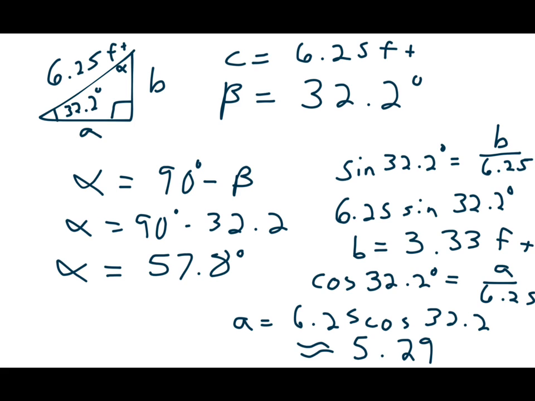Okay, so that's how we solve right triangles. We use whatever information is given to us, and the Pythagorean theorem, or the sum of interior angles, or all the trig functions, to solve for whatever is missing.